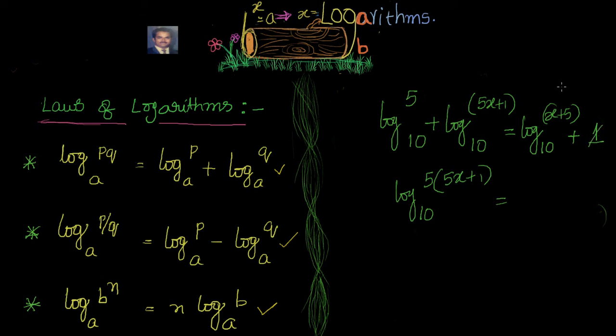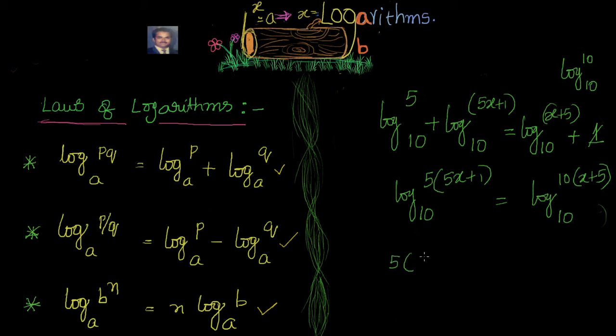But what are we going to do on the other side? This 1 I can replace as log 10 to the base 10. Why have I done that? So that again I have two logarithms, and again I can apply the same logic. So this becomes 10 into x plus 5. Now I have the bases same, that means my exponents should be equal.